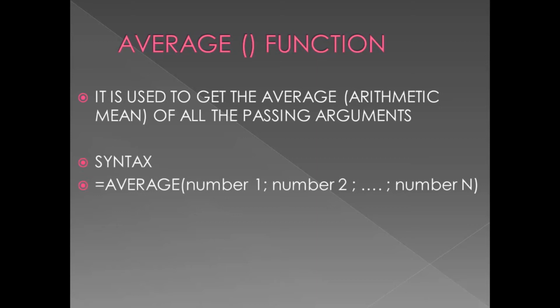Some important points about average function. The arguments must be the numbers, arrays and references. If we pass any text or empty cells and logical values like true, false, then those values will be ignored. However, the cells that have 0 as their values are counted by the average function.